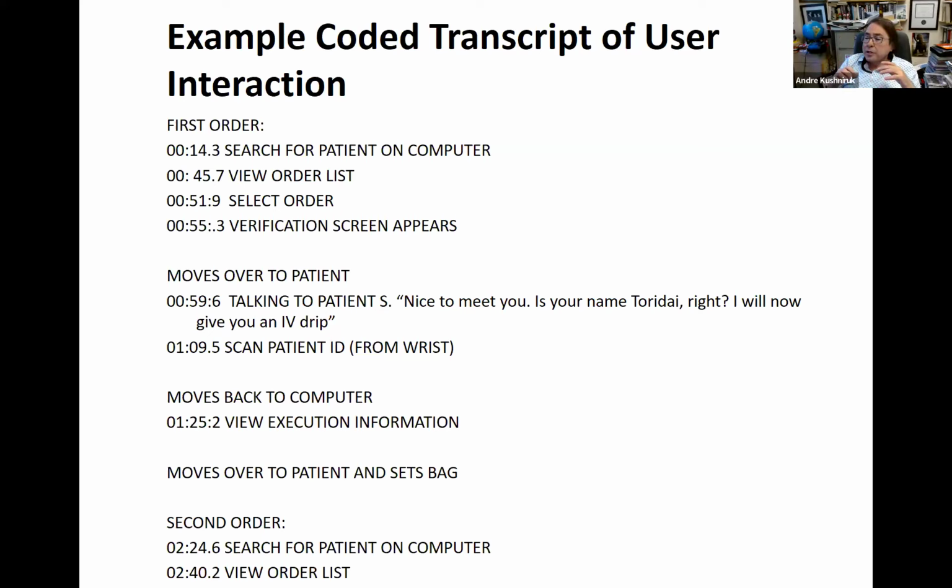The user goes over and talks to the patient, scans the patient ID, and then scans the ID bag, goes back to the computer, views the information, and goes on to the second order, the third order, the fourth order. So we were interested in just optimizing this interaction, and from the simulations alone, we found that there were times when the sequence was too rigid and they might have to break out of it, as the participants also know it.